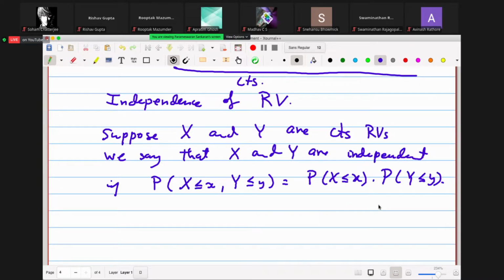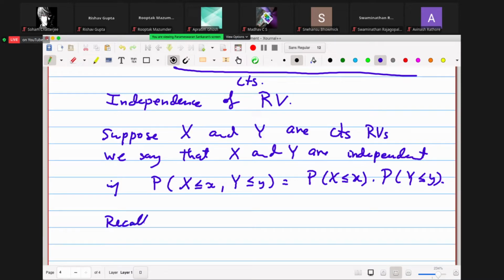In this context, maybe one should also talk about joint distribution functions. I have already talked about joint distribution functions.